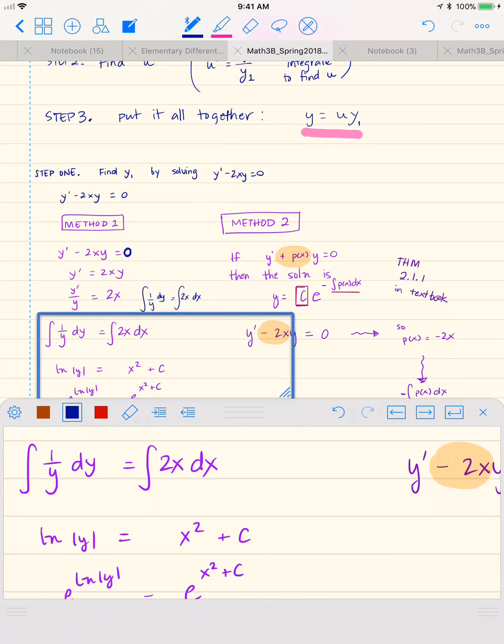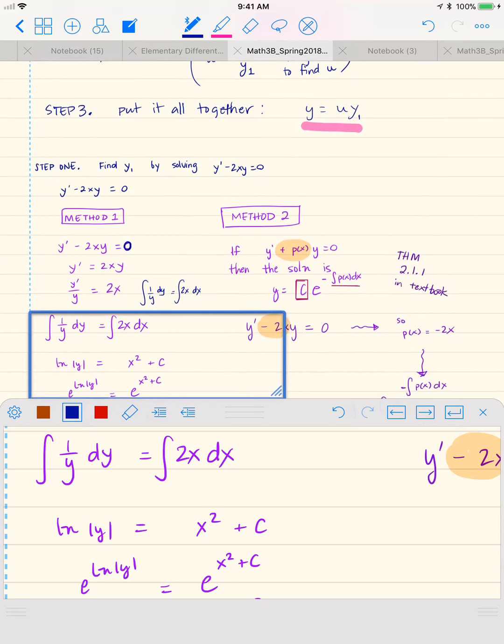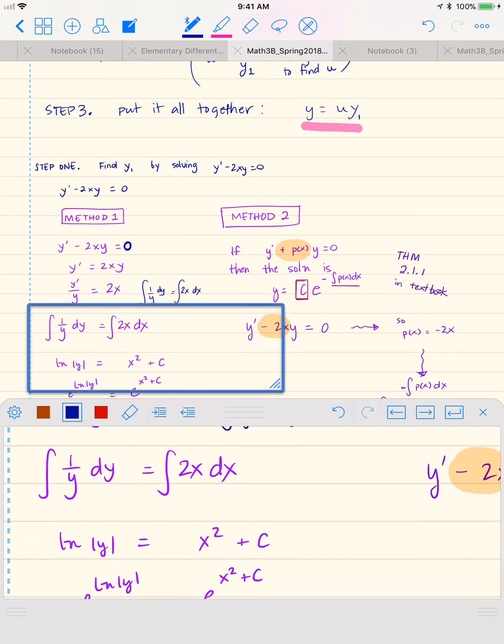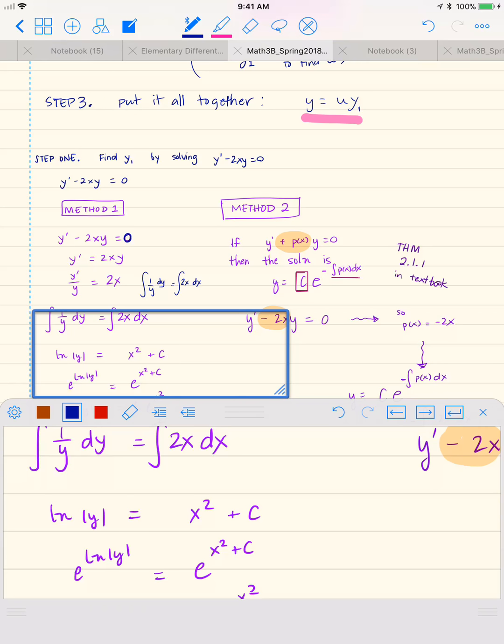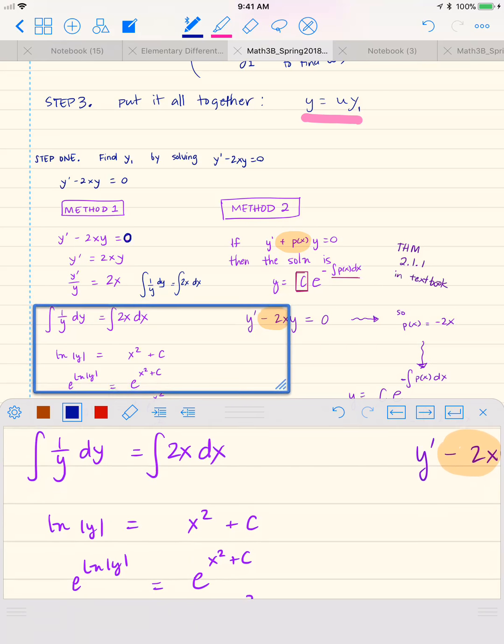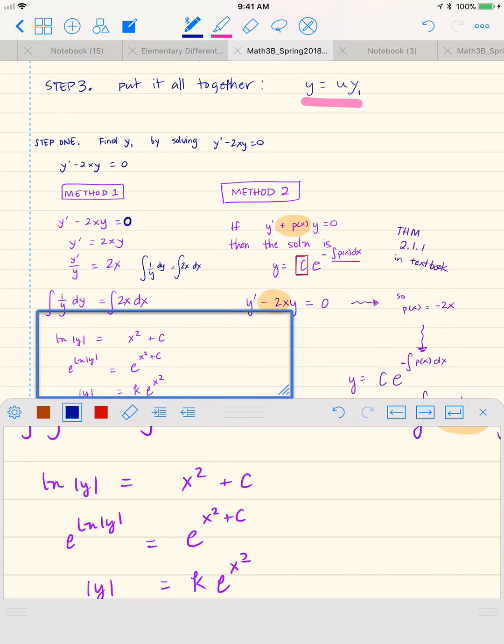From there, when we integrate the left-hand side, we get the natural log of the absolute value of y. And when we integrate the right-hand side, we get x squared plus c, because the integral of 2x is x squared. Okay, then we exponentiate. So e to the natural log of absolute value of y is equal to e to x squared plus c.